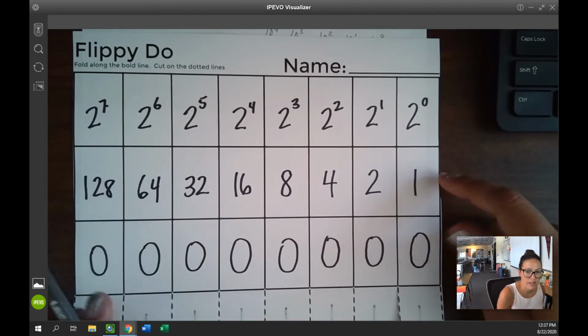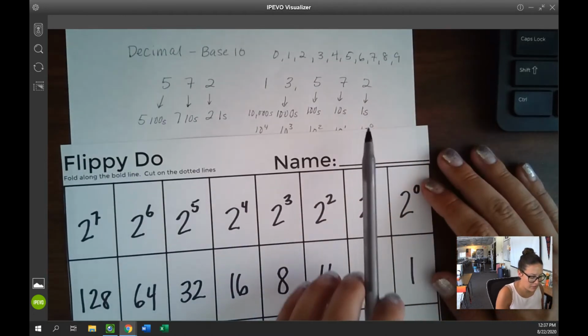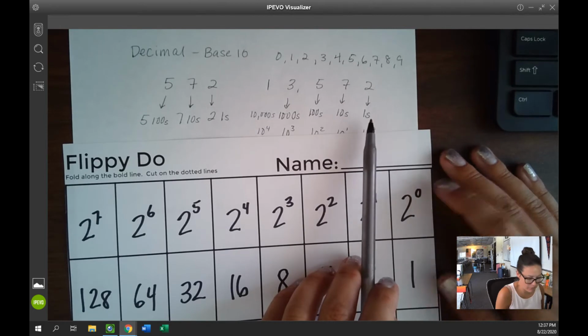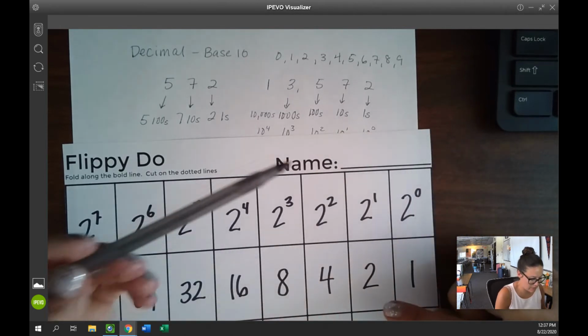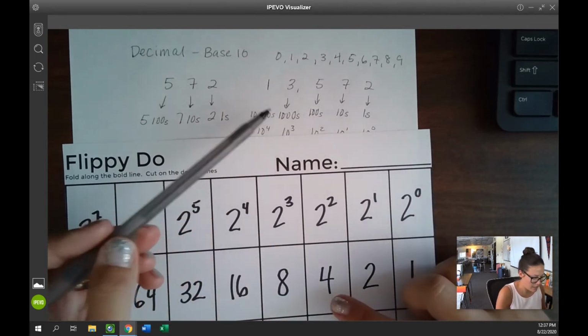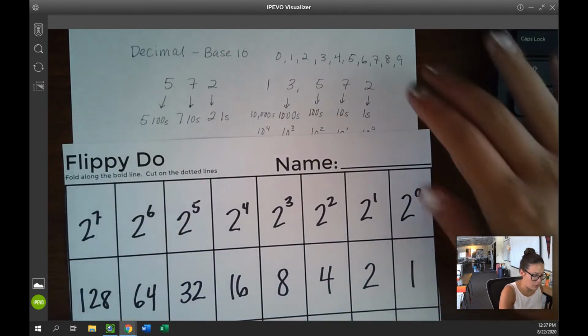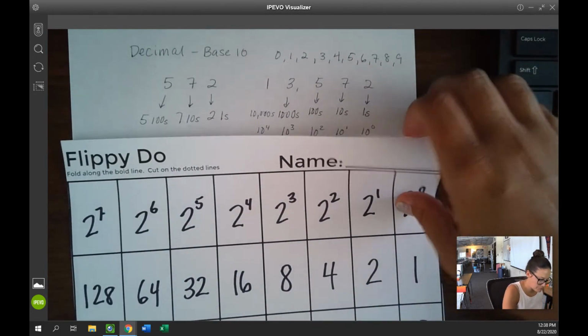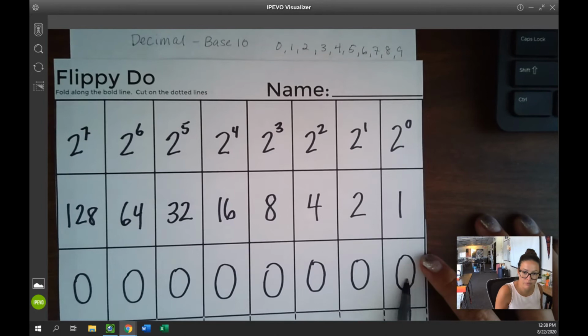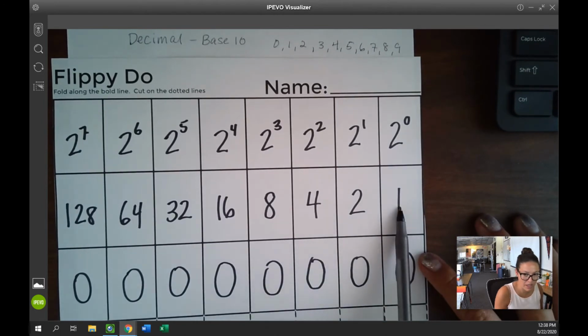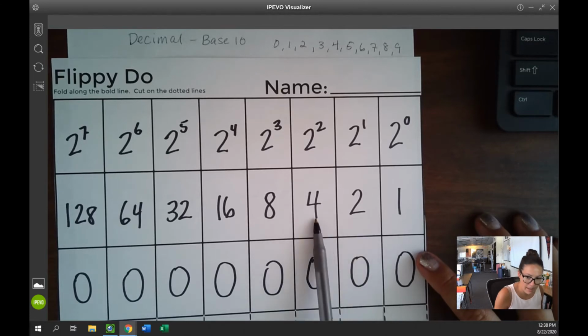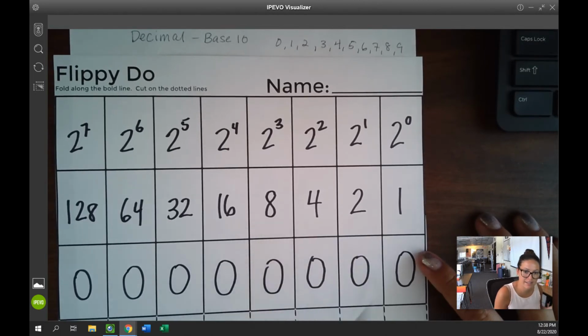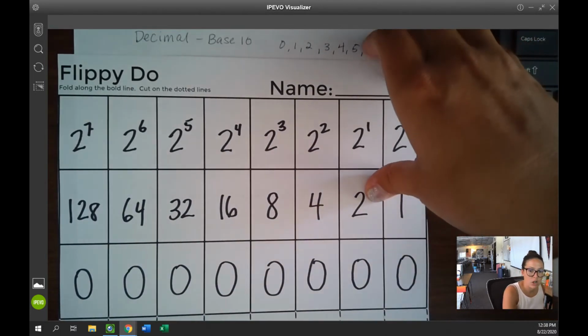If I made one with decimal, I would have a 1 here and a 10 here and a 100 here. But when we're in base 2, this first one tells me how many ones we have. The second place value tells me how many 2s, how many 4s, how many 8s, and so on.